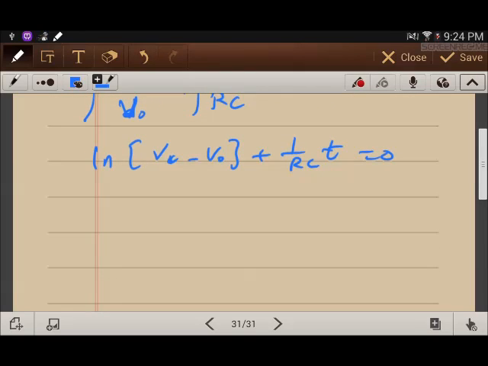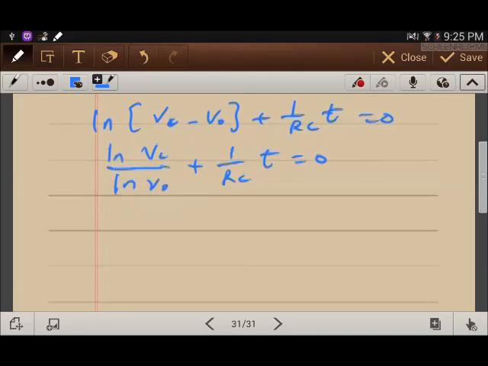So now this is equal to ln VC over ln of V output plus 1 over RC t equal to 0.